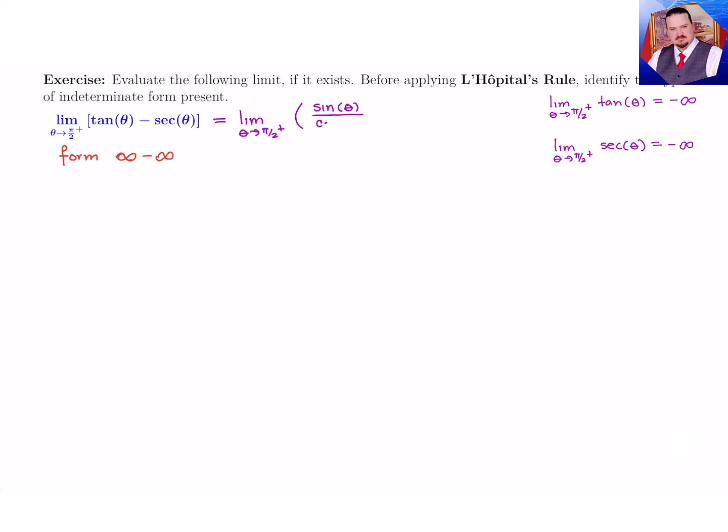So tangent is sine over cosine. What is secant? 1 over cosine. And now this gives us a simple function to consider.